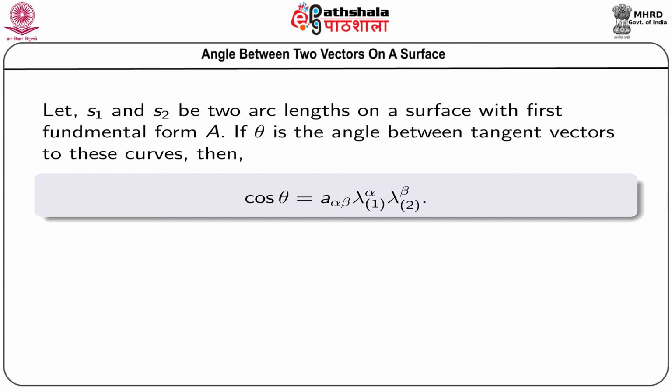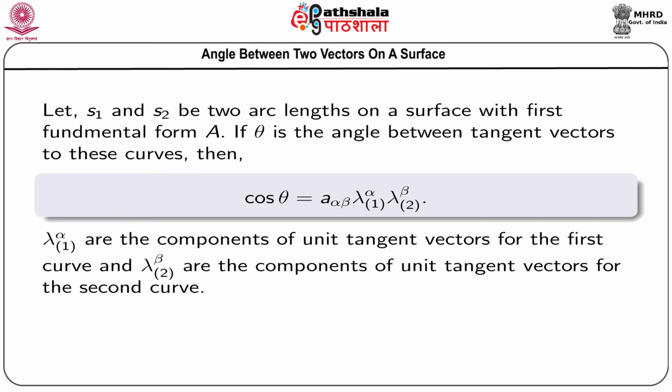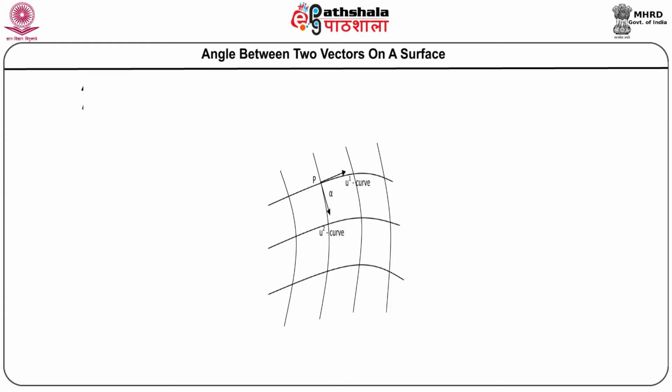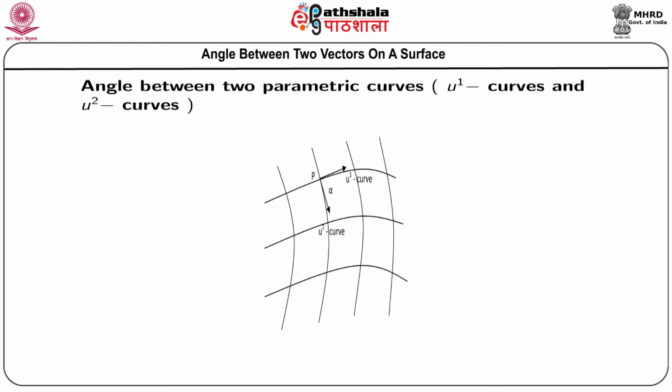So, cos theta is expressed in this way, where lambda alpha 1 are the components of the unit tangent vector for the first curve and lambda beta 2 are the components of the unit tangent vector for the second curve. Now, the important thing is to find the angle between two parametric curves.